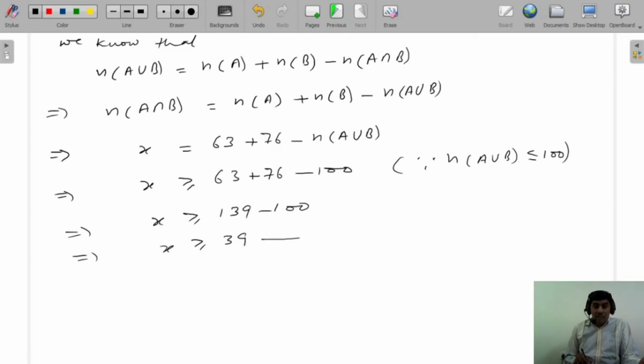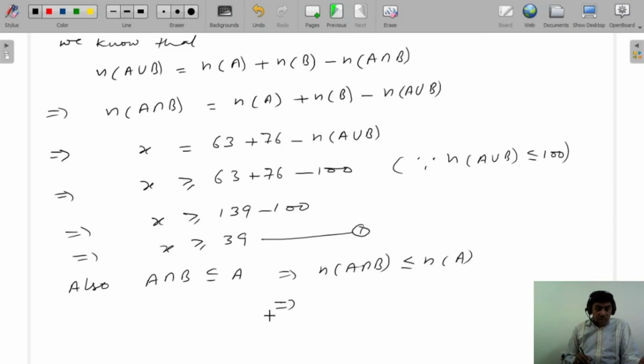Equation number 1. Also, A intersection B is contained in A. This implies n of A intersection B is less than or equal to n of A. This implies x is less than or equal to 63.